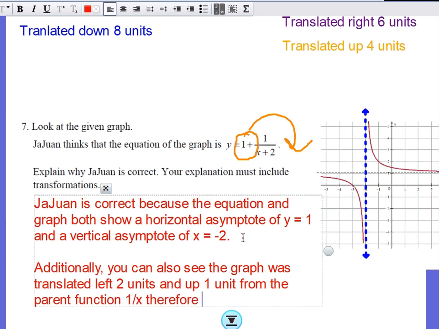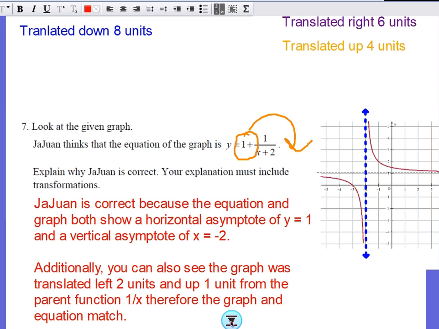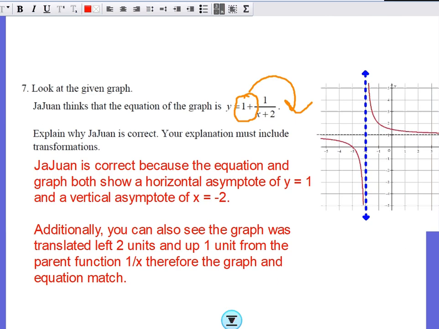Therefore, the graph and equation match. So that is the idea here for number 7. There's a couple different ways you can talk about it, with asymptotes, with transformations.